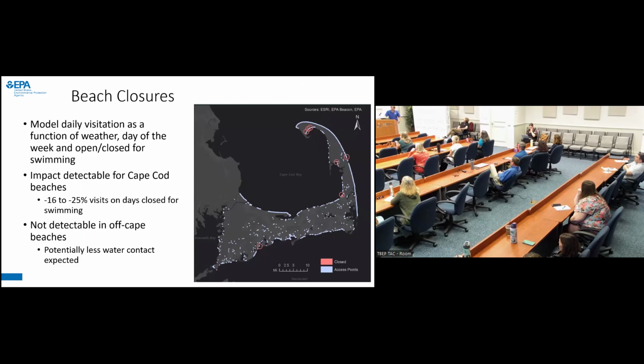We can also look back in the data for dates when we know there were closures. When we did that on Cape Cod, there was a bit of a correlation. We saw a decrease in visits by 16 to 25% on days when those beaches were closed to swimming. Now, it's possible that a lot of people on those days are still going out and disregarding the advisory and still going in the water.